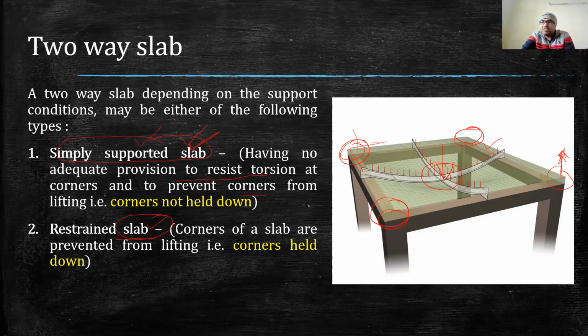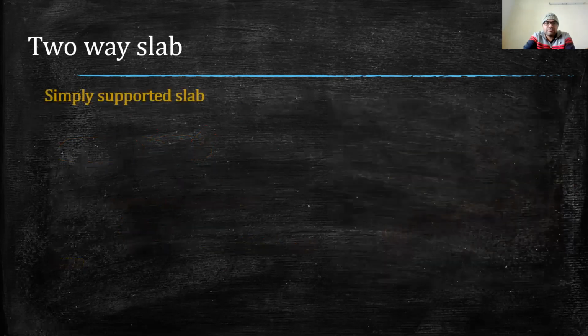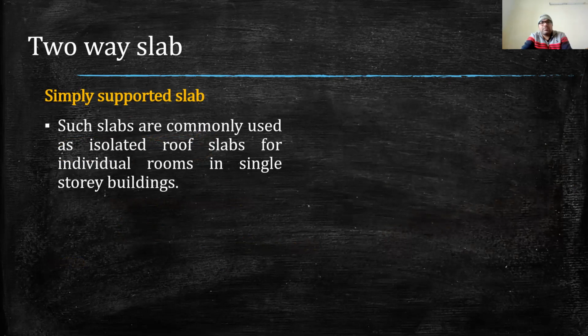This simply supported slab is generally provided in an isolated room of a single story room. In case of a multi-storied building, all the slabs are considered as restrained slab. So now simply supported slab. As I have discussed, this slab is generally used as an isolated roof slab for an individual room in a single story building.